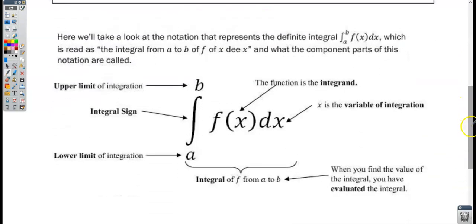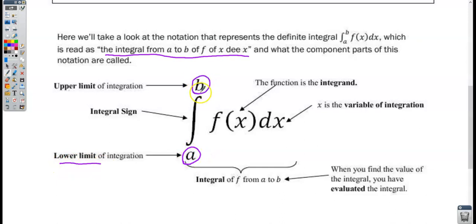Here's the definite integral notation that we've seen before, and everything that's related to it. We've got the integral from a to b of f of x dx. That's how we read it. And the different component parts: this is the integral sign, the long stretchy s. The number at the bottom of the integral sign is what's known as the lower limit of integration.